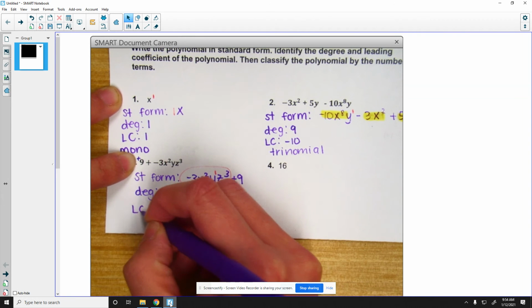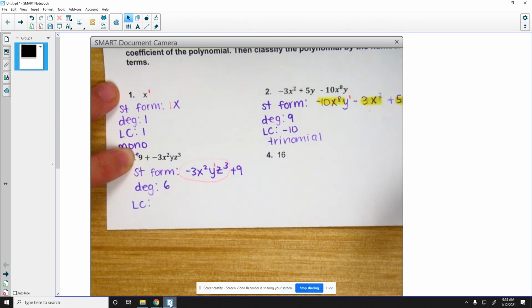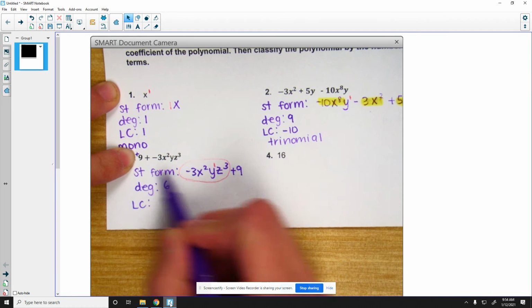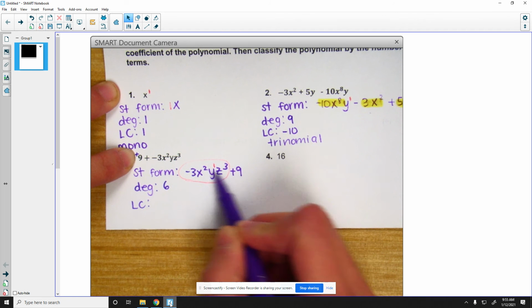All right, leading coefficient. Someone different online. What do we think? -3. Thank you. So remember, it's not 9. It's not the first thing in the problem. You have to put it in standard form.